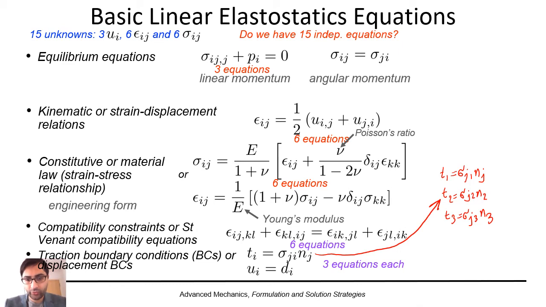And if I want to expand one of these, you get, for example, T1 equal to sigma 1,1 and 1 plus sigma 2,1 and 2 plus sigma 3,1 and 3.